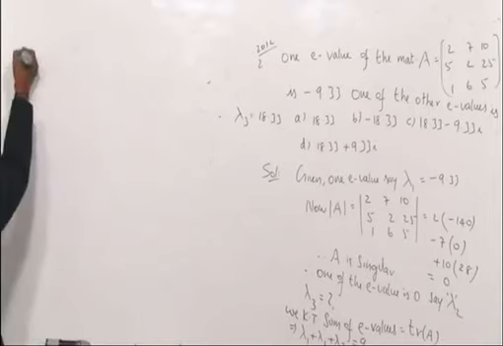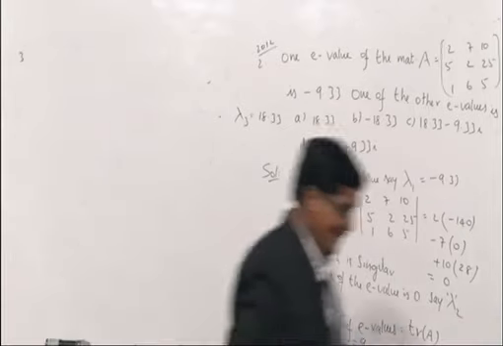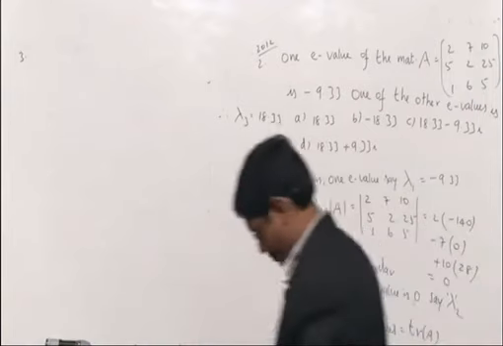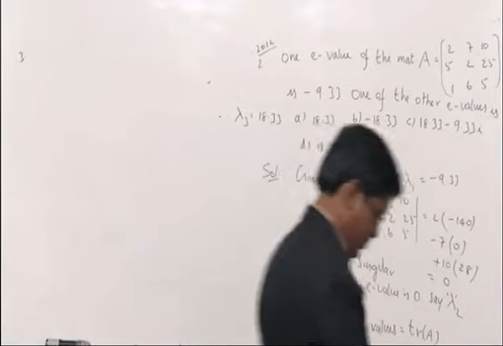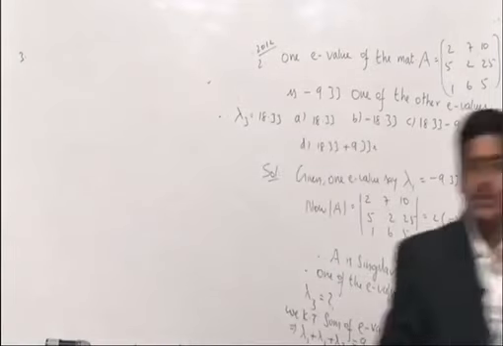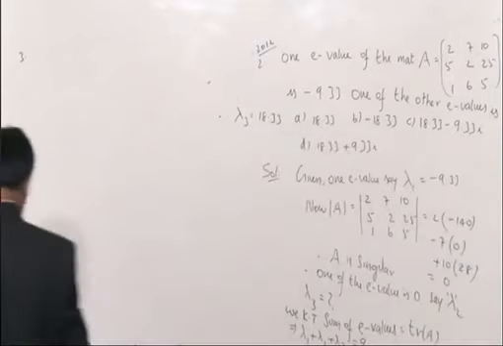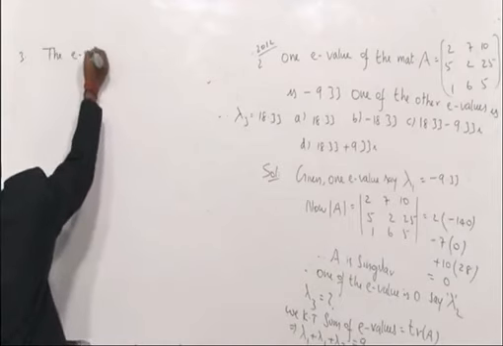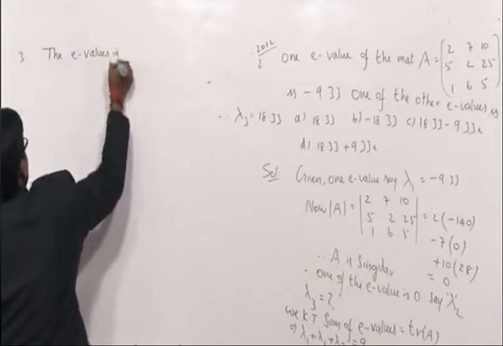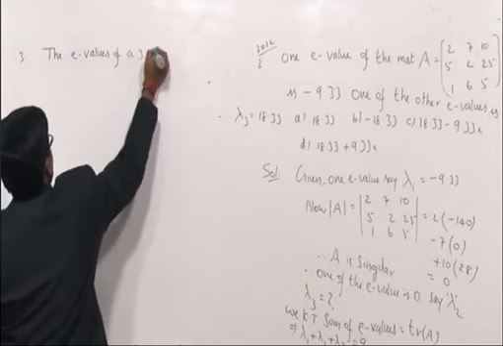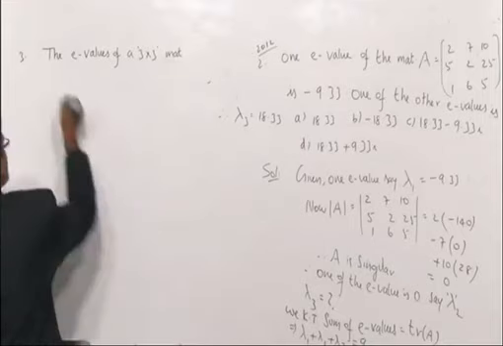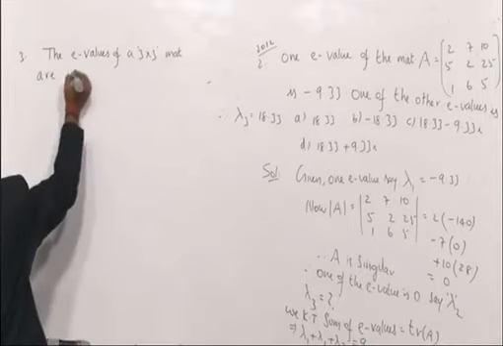Third one, using properties. The eigenvalues of a 3 by 3, just using properties only, these problems are 1, 2, 3.